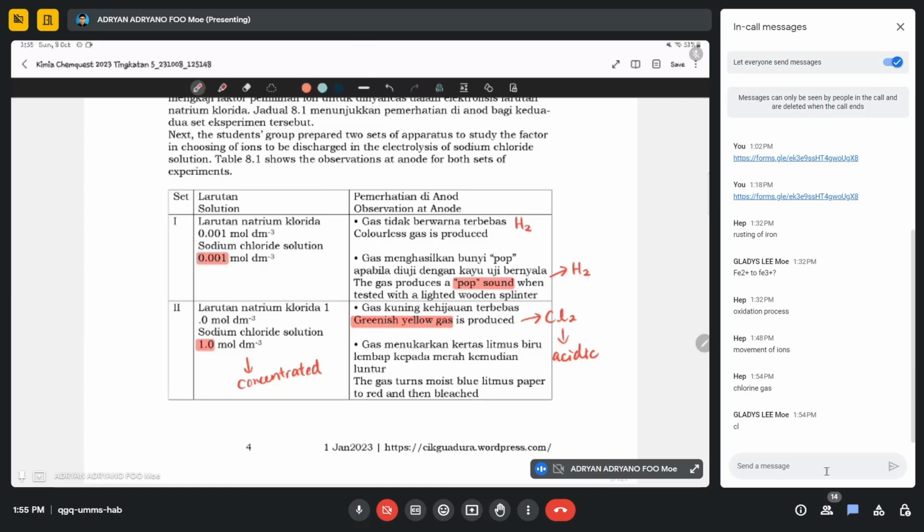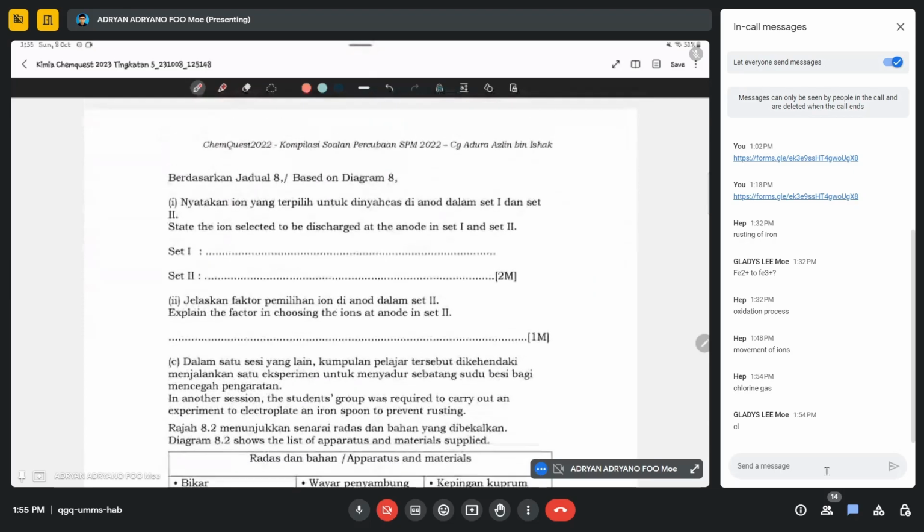Okay, based on diagram 8, state the ion selected to be discharged at the anode in set 1. Set 1 was hydrogen gas, right? So what ion is discharged? OH minus.